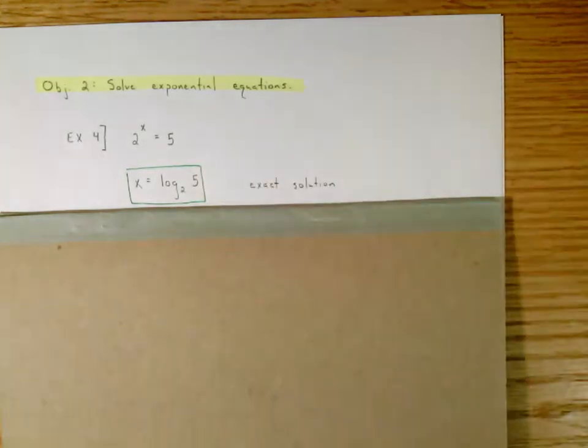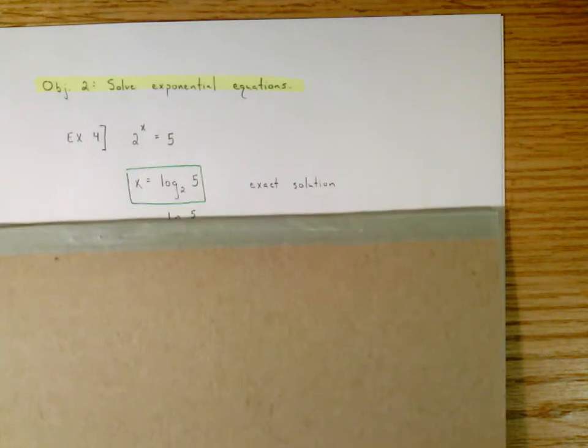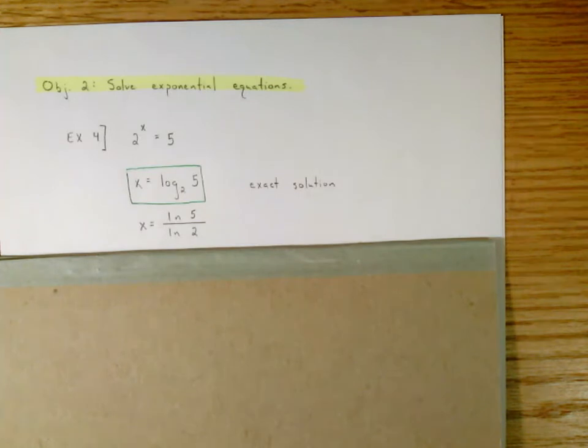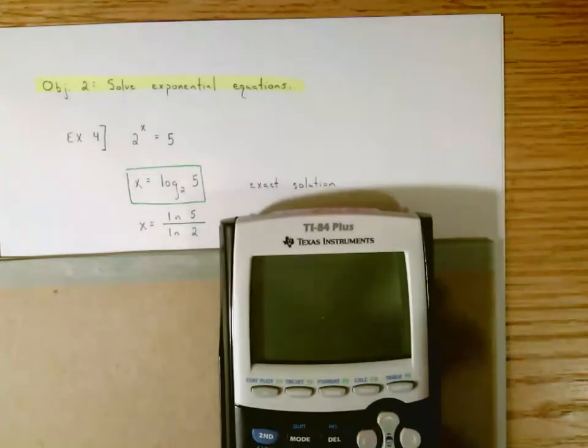We can approximate this using our graphing calculator. My graphing calculator doesn't have a base 2 button, so I'll need to use the change of base. I'm going to change this to a natural logarithm with a base e. So now x is equal to the natural logarithm of 5 divided by the natural logarithm of 2. And my calculator will handle that if we want to take a look at that.